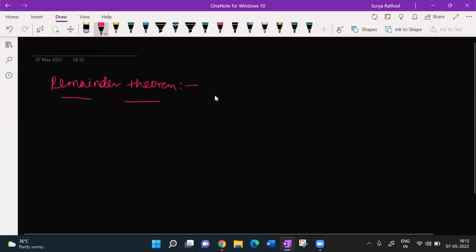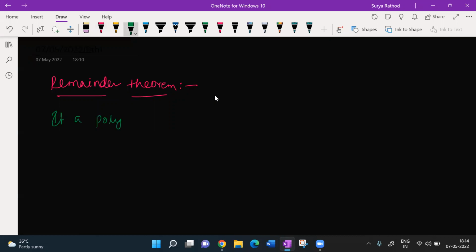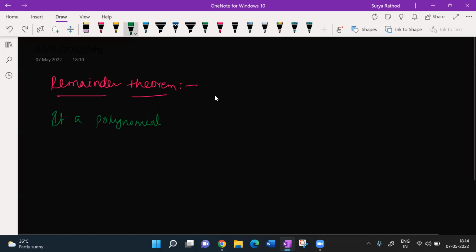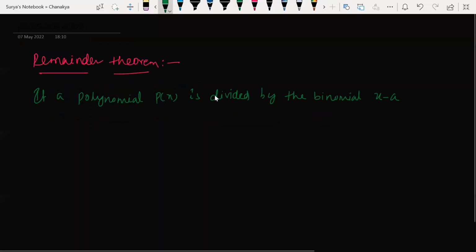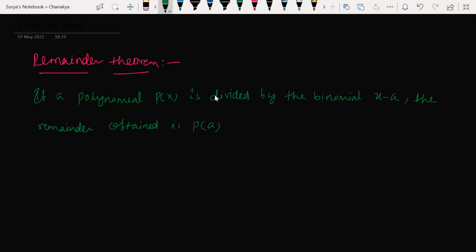Remainder theorem: if a polynomial p of x is divided by the binomial x minus a, then the remainder obtained is p of a. This is what the remainder theorem says.